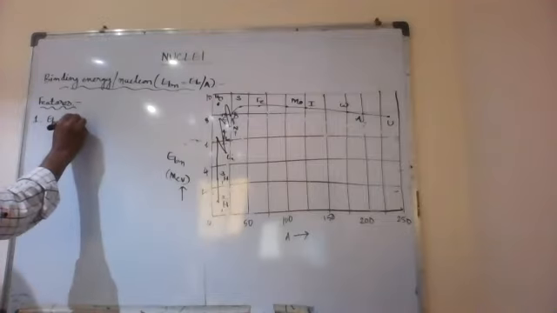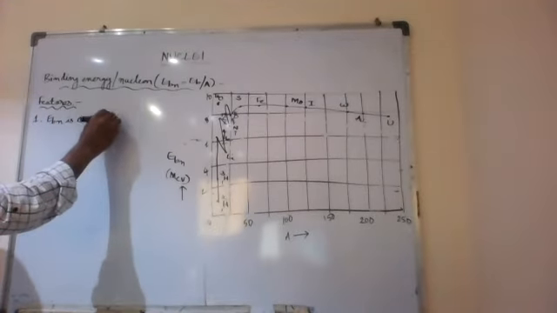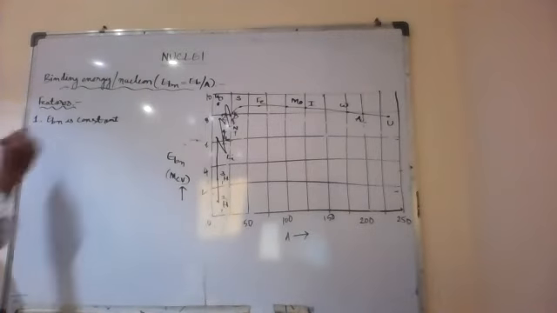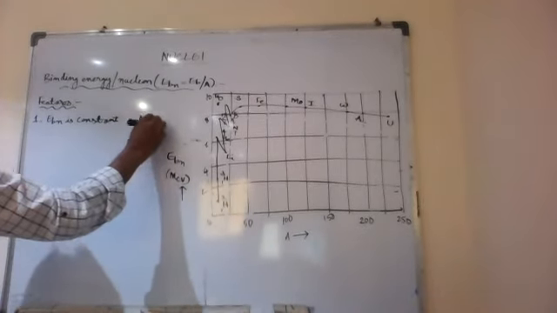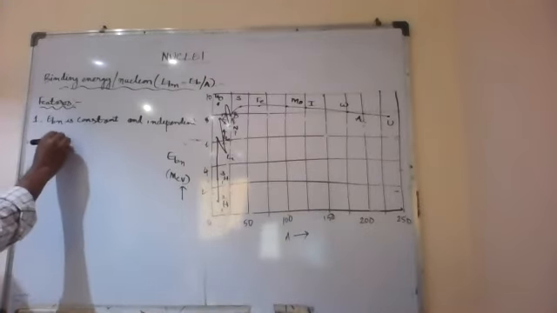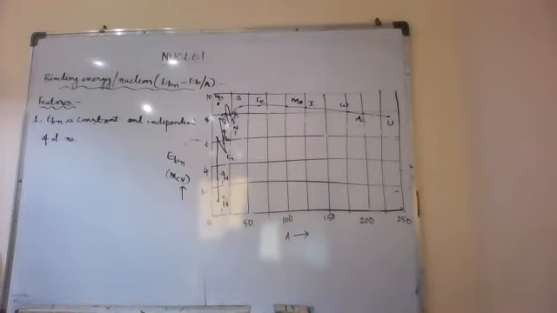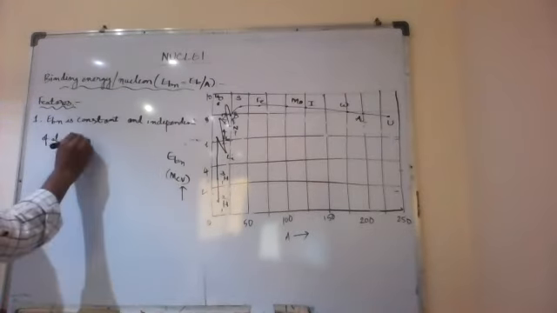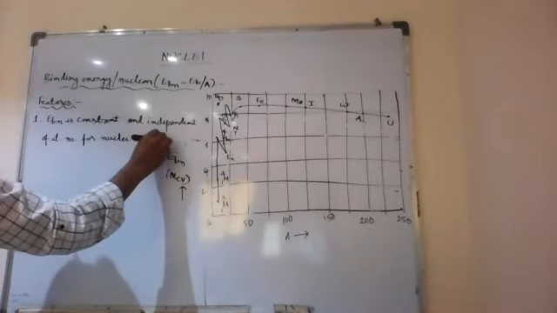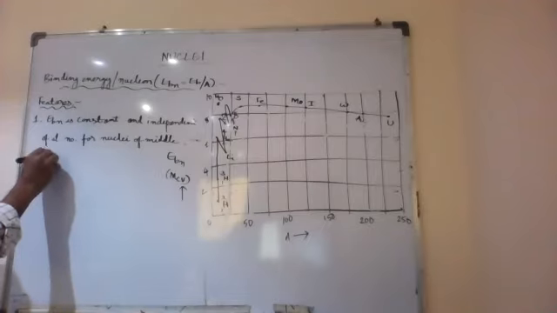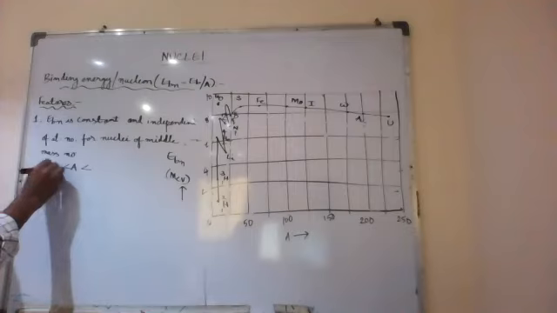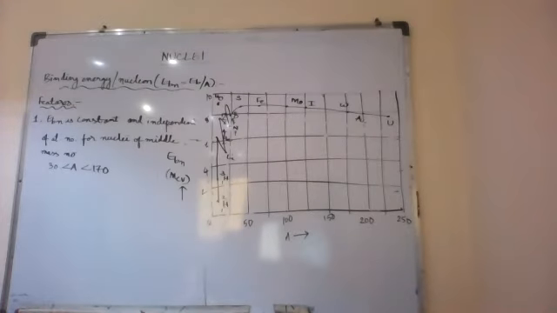EBN is constant, independent of atomic number for nuclei of middle mass number, that is, A between 30 and 170, almost all it remains constant.